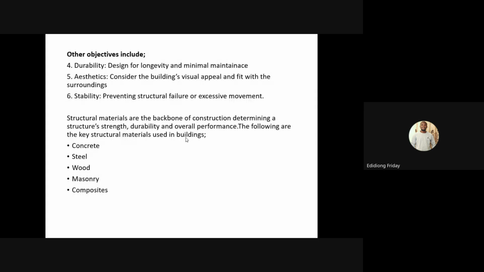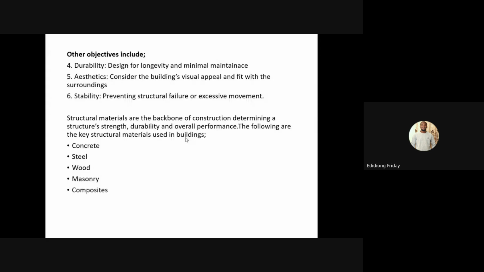And we have aesthetics, of course. You have to consider the building's visual appeal and how it fits with the surroundings. You have to find a way to impute the building's appeal into your design. For instance, if the client is envisaging an open space, you won't just introduce a column in the middle unnecessarily, except it is ultimately compulsory that a column should be there.